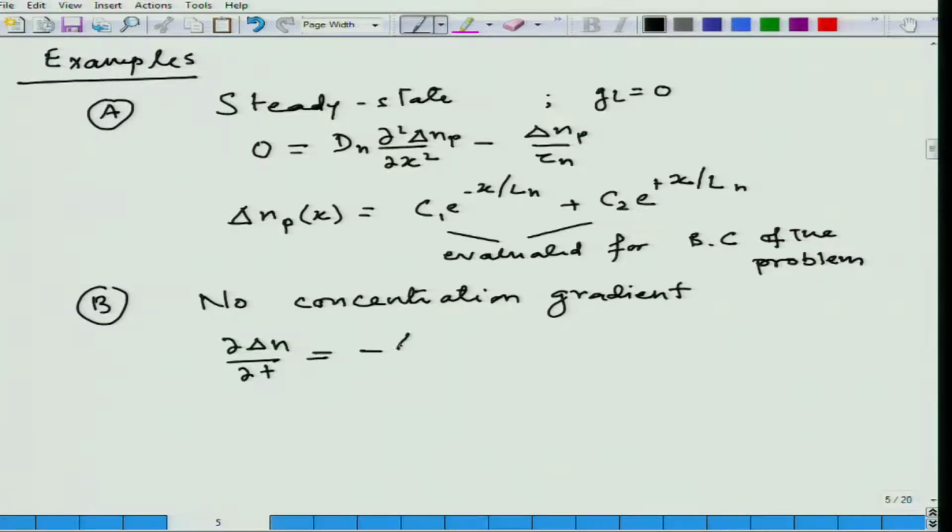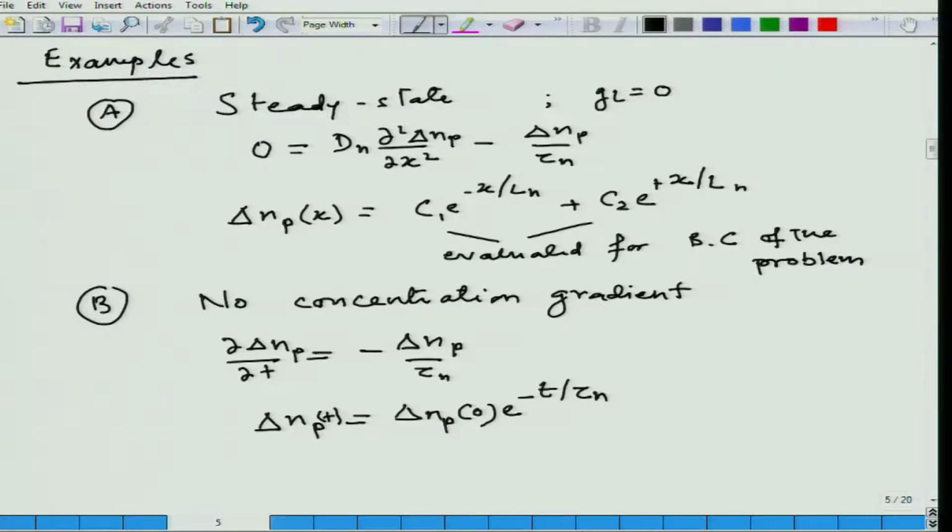This one becomes 0 is equal to, and a solution for this type of differential equation is typically delta n of p at a given time t, given by the carrier concentration at time 0, reducing with the time constant of the lifetime of that carrier, in the p type material.